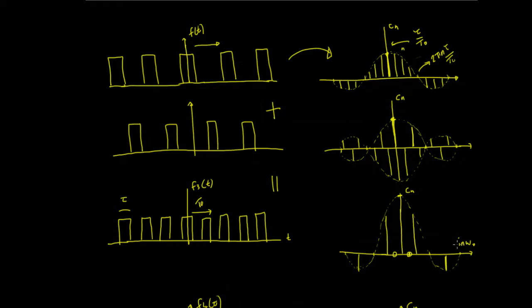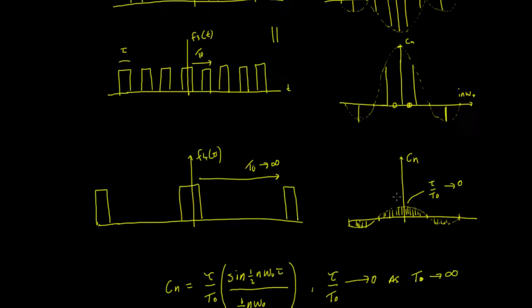So now we would no longer have an n omega naught here, we would just have an omega. Another thing to note is that the only reason you put the j in there is to signify that the function is complex valued. It could be real, it could be purely imaginary, or it could be a complex value.